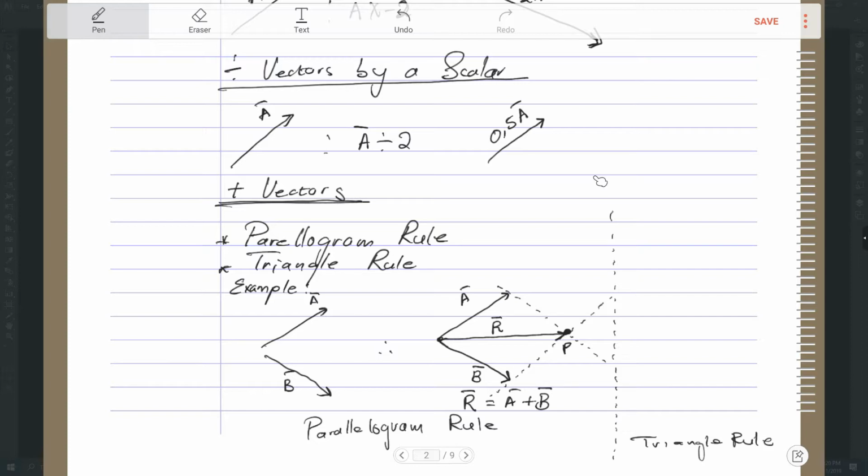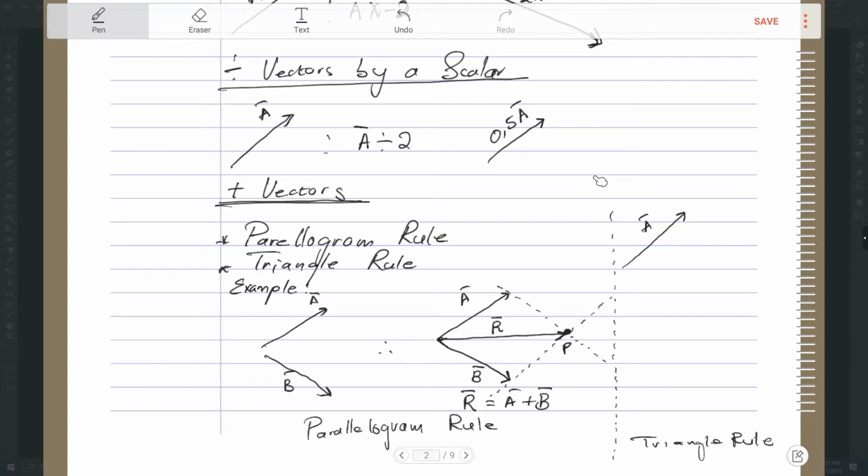If you're adding vector B to vector A, you start by drawing vector A. That's the first thing that you do. Then you draw vector B, but in a certain order.